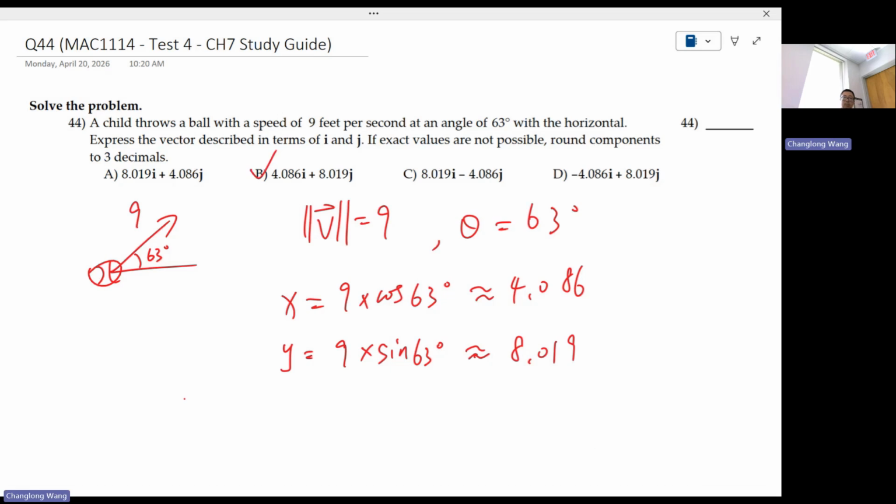Okay, so that would be B. Not too crazy, right? It's just you have to calm down and read through the question and get those numbers. Make sure you understand that 9 is just a magnitude. The angle is 63. Okay.